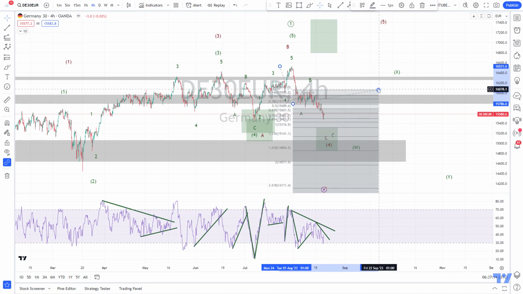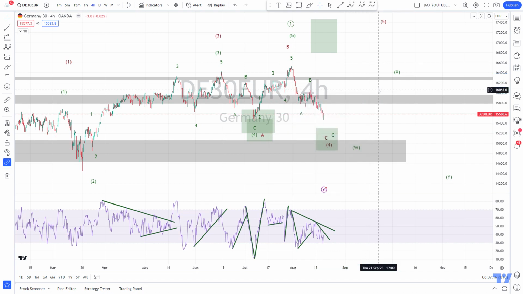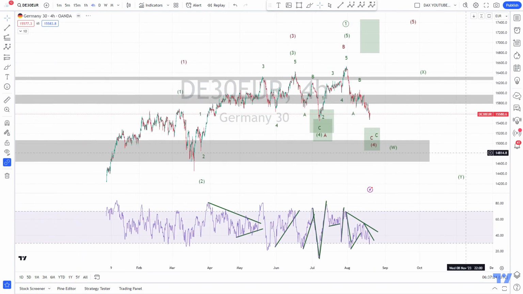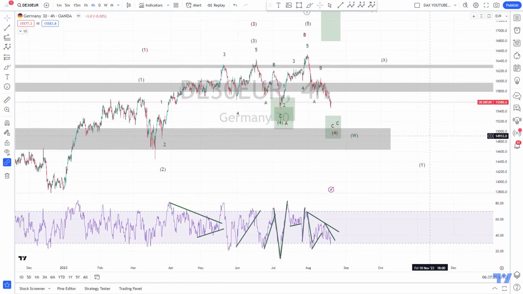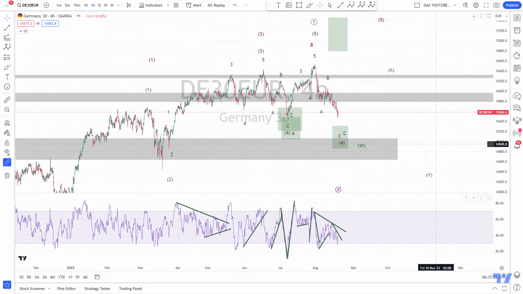C should go. And for now, as we are moving in three, I would expect a WXY structure here to do the wave 2 to the downside.